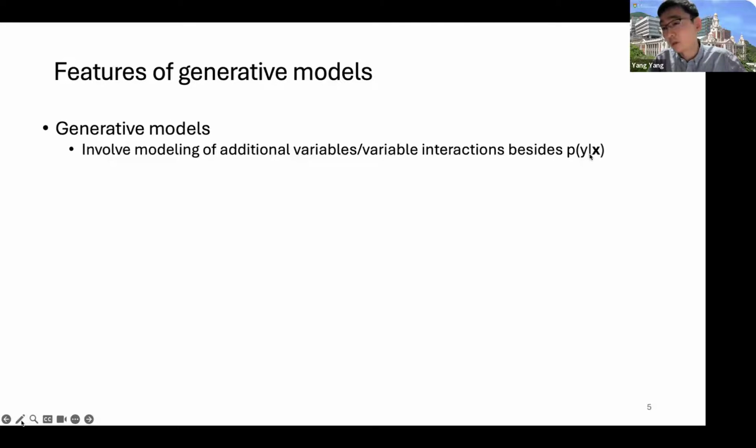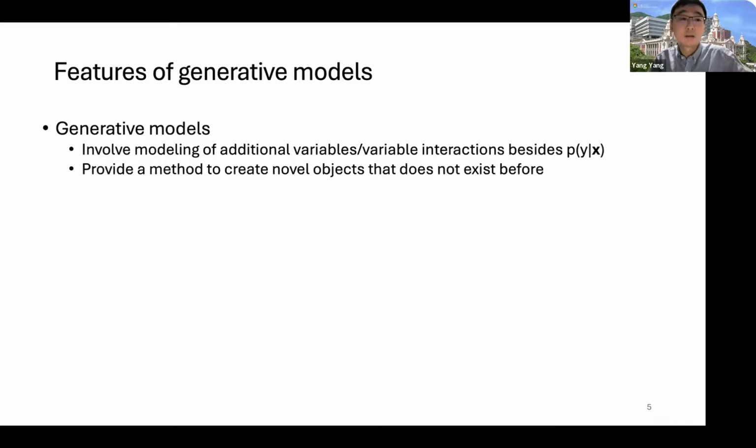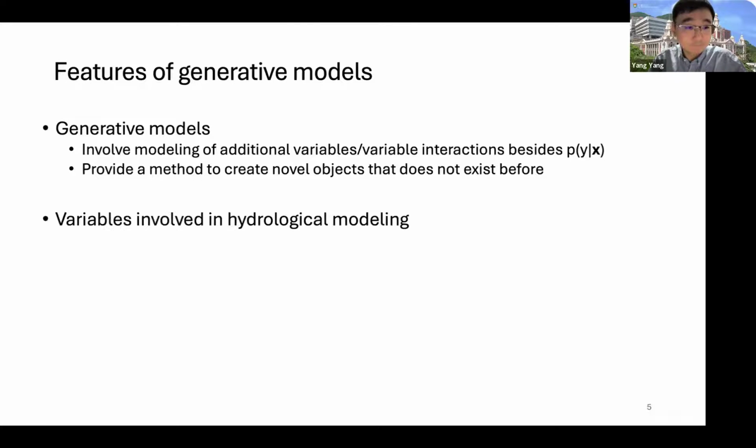In some cases, we also want to model P(X) so that we can determine whether an input is common, rare, or expected. The second feature is that it provides a way to create new objects that did not exist before. We can sample from P(X) to get new instances or new objects.